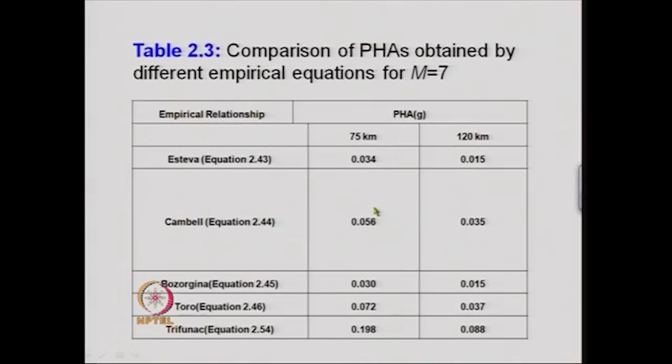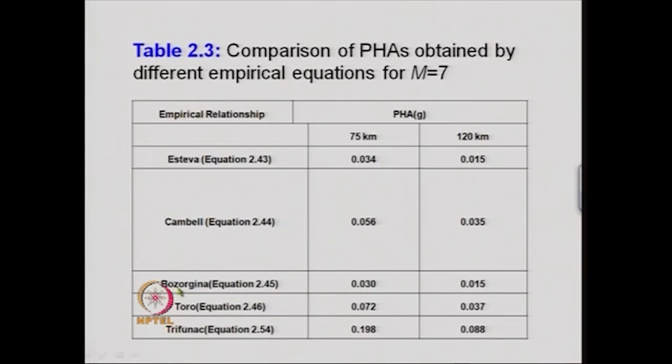The comparison shows that the PHA calculated by different equations give different values for the same epicentral distance. For example, Esteva's equation provided a PHA of the order of 0.034. Campbell's equation provided a PHA of 0.056.